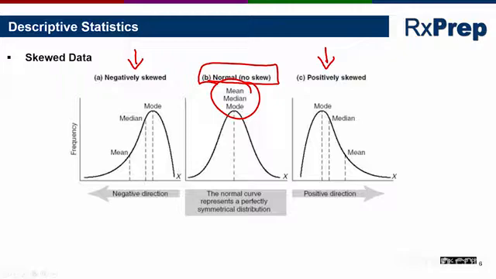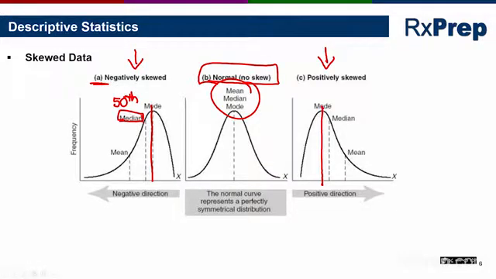When you have skewed data, let's look at figure A first. The middle of that hump is always the mode. Always the mode. You'll find that too when the data is skewed in the other direction. That middle is always the mode. Next to that, you're going to have the median. The median, as you recall, represents the 50th percentile.